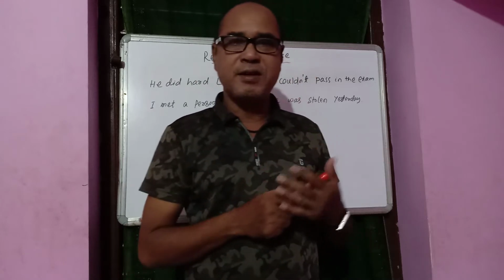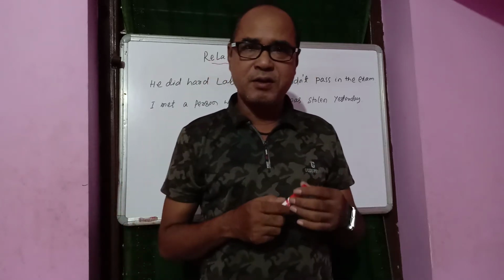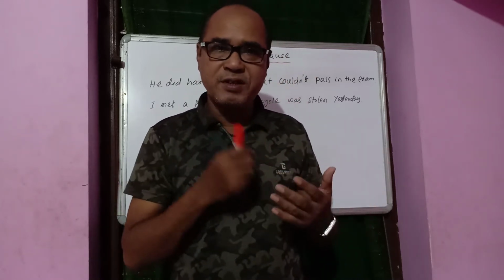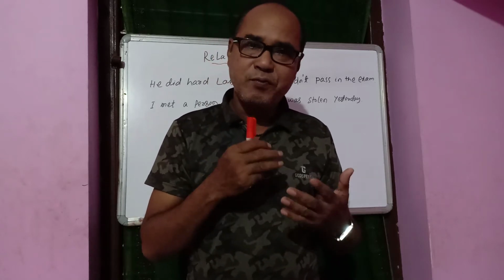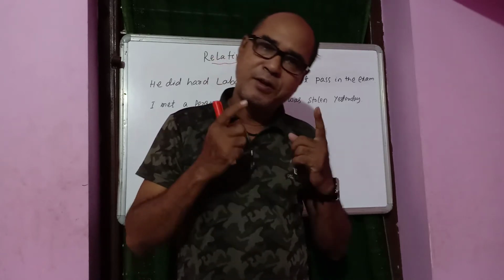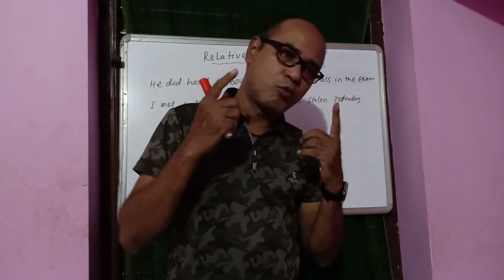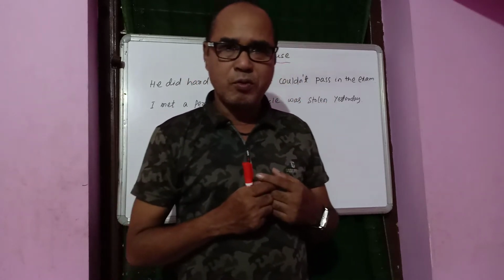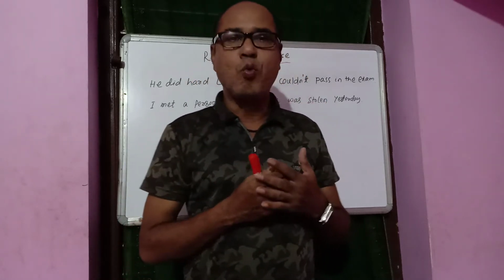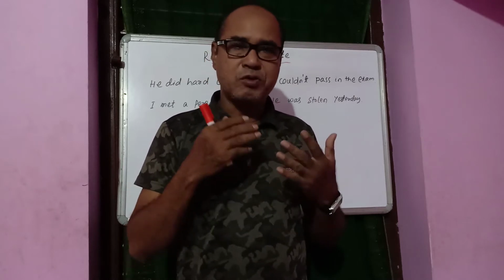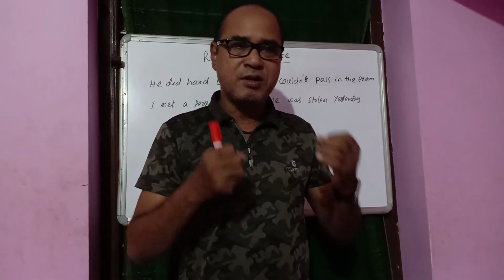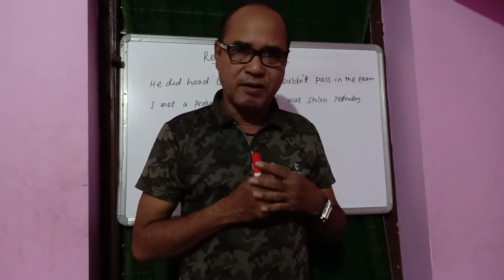But in a simple sentence, I taught in the previous class, we can find only one subject and one finite verb, that is an independent clause, or that we can say as the main clause. Okay, it stands on its own. An independent clause stands on its own. It gives its complete thought, complete meaning.